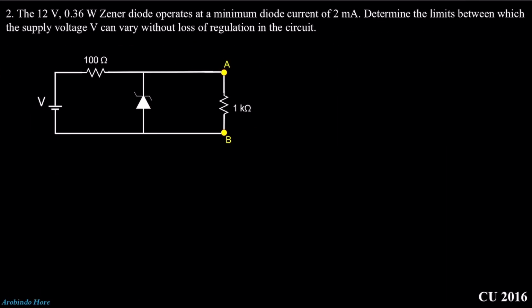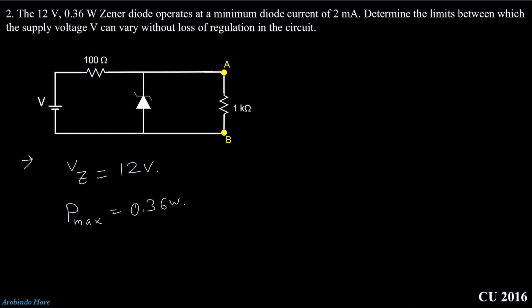Here they told us the 12 volt, 0.36 watt Zener diode. That means they already provided VZ equal to 12 volt and the power P max equal to 0.36 watt. The Zener diode operates at a minimum diode current of 2 milliampere.